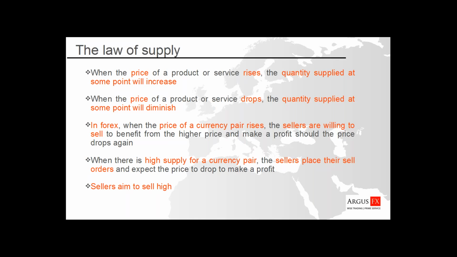In other words, the law of supply tells us that sellers aim to sell high, because the higher they sell a product, the more they will make at the end of the day. So the law of demand illustrates that buyers want to buy low and take advantage of an upside move of a currency pair, whereas in the case of the law of supply, the sellers aim to sell high to make a profit through a downside move of a currency pair.